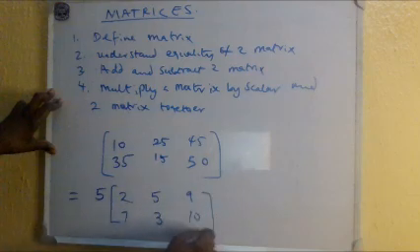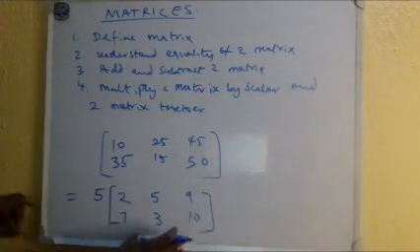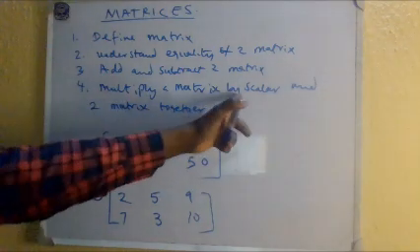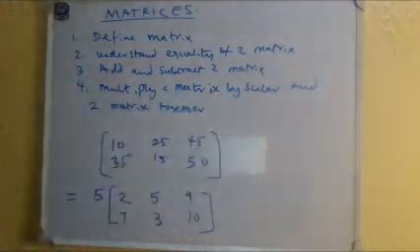So this is the factored form. The scalar is outside, and this is the matrix. So this and this are the same actually. All right, so that is for multiplying a matrix by a scalar, or you can factor out.